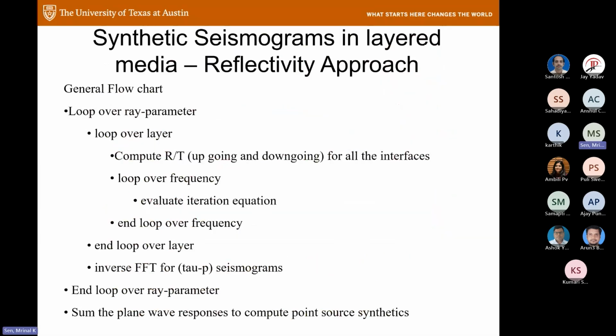So this is the general flow chart. So you loop over array parameters, loop over a number of layers, compute reflection and transmission coefficient for all the interfaces, then loop over frequency, and then each time you compute RDTD, RUTU, you use iteration equation to update that, right? It doesn't matter whether you are going from top layer to bottom or you're coming from bottom to top.